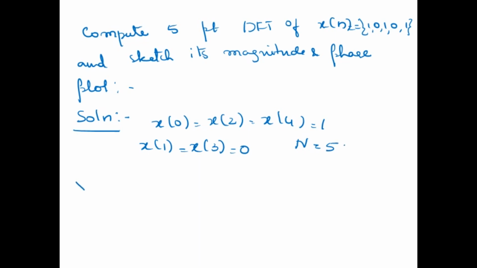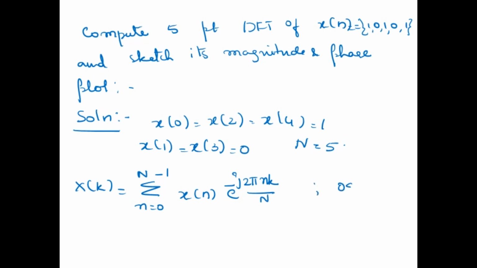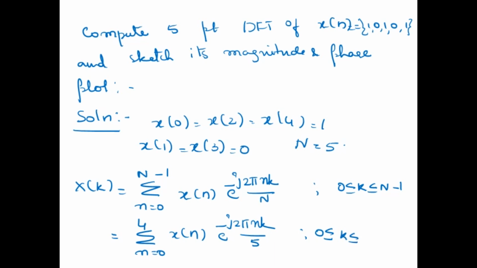We know the DFT formula: X of k is equal to summation n is equal to 0 to N minus 1 x of n e power minus j 2 pi nk by N, with k varying between 0 to N minus 1. So substituting the values, n is equal to 0 to 4 x of n e power minus j 2 pi nk by 5, where k varies between 0 to 4.